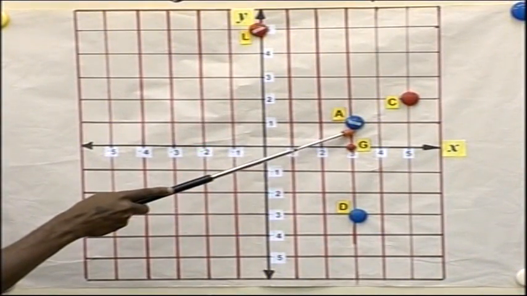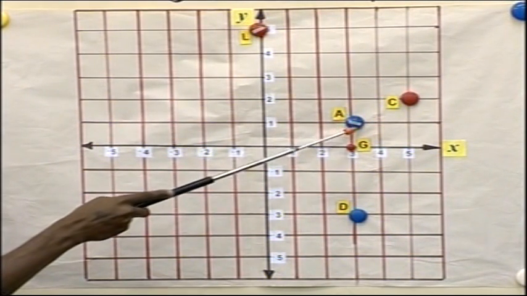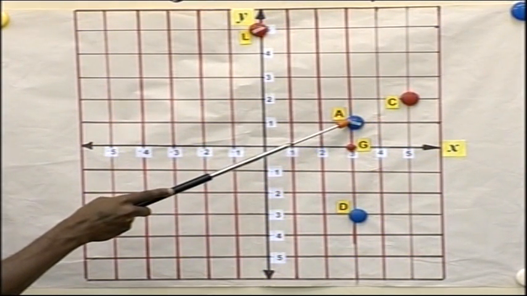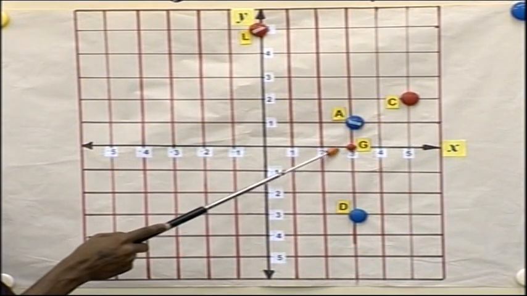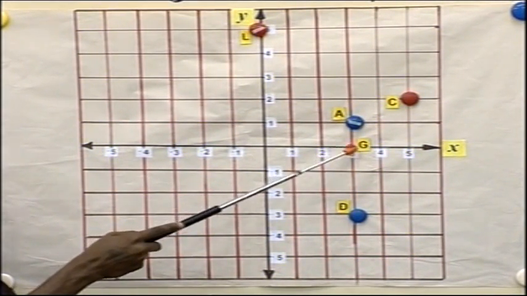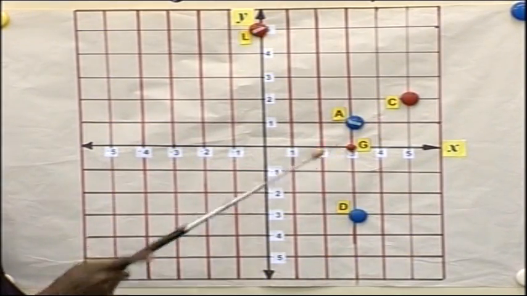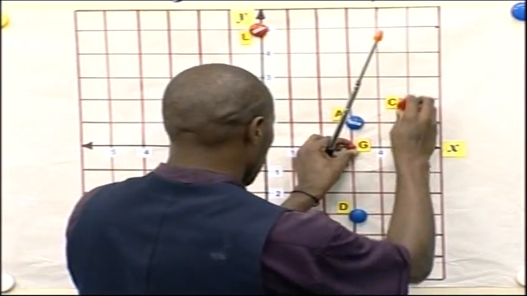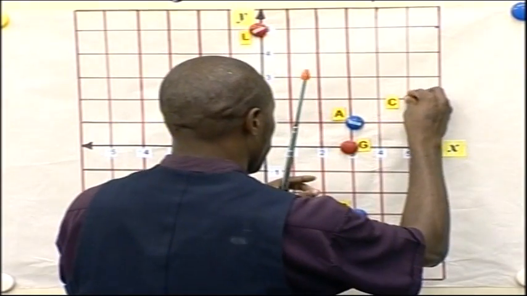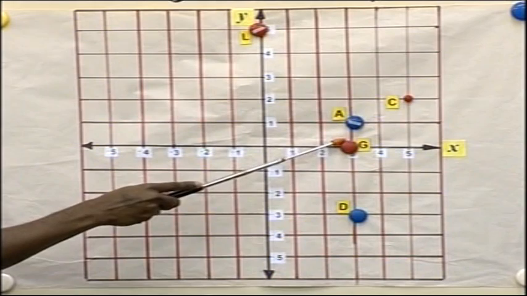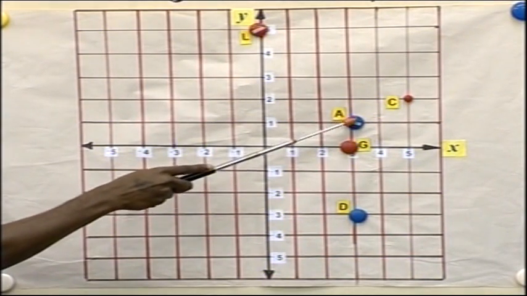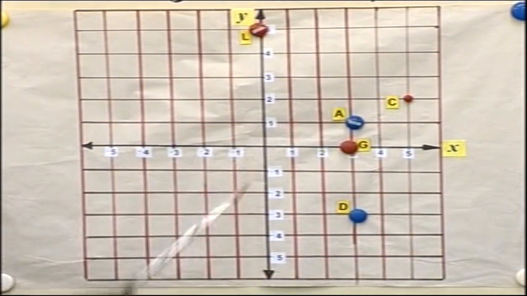Point A is being indicated by blue magnet, and point G is being indicated by red magnet. So that is point G and this is point A. You are doing A and B only.